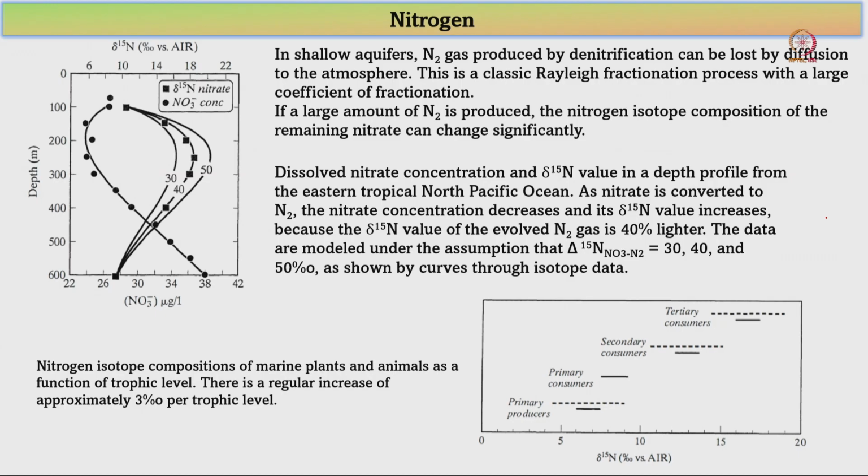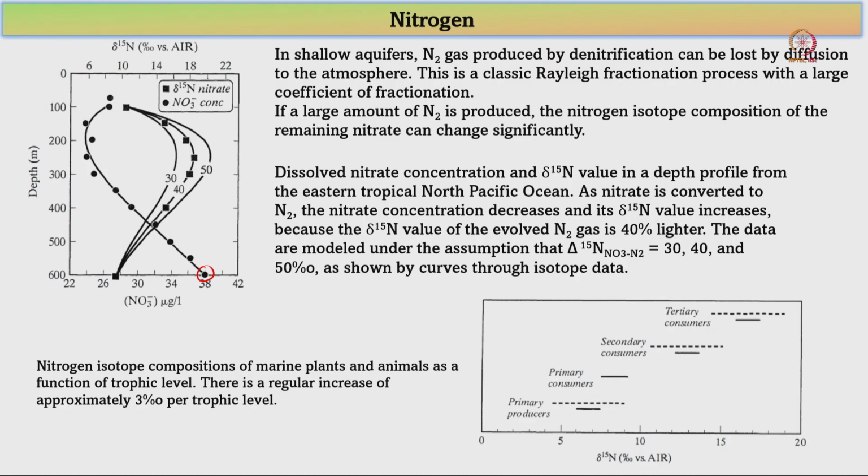Okay. And how is it varying? Nitrogen, as I have already told you, again prefers the 14N as compared to the 15N. Okay. So, with depth, you see the denitrification process is highest here. Okay. So, nitrates are more, and as it is moving up, it is getting denitrified.